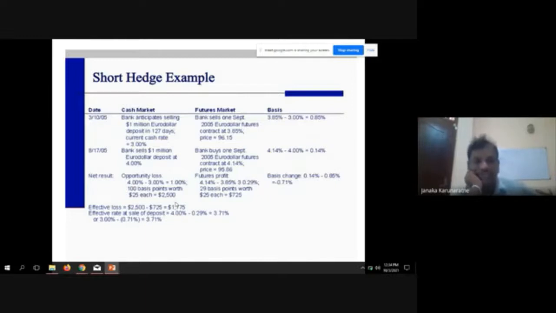Ten times. So 1 million, 2,500. 1% increase will result in additional 2,500. If I want to issue 10 million deposits, I incur additional 25,000. So that is the danger of rising interest rates.